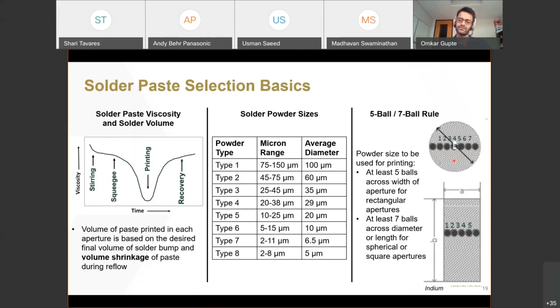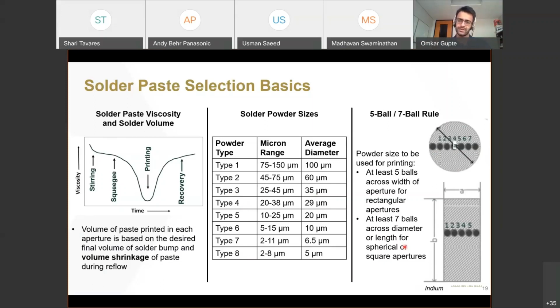So what I mean by this is, for example, if it's a 250 micron stencil aperture that you are printing through, you would want at least 7 of these tiny solder particles. So 250 divided by 7 is about 35. So the average particle diameter should be either 35 micron or less than that. So the preferred solder paste type that you would want to use is type 3 or smaller.